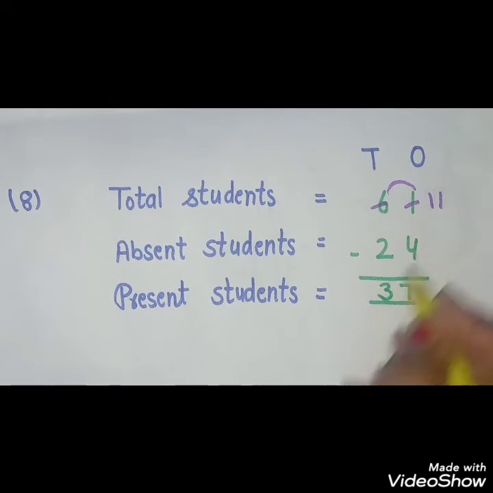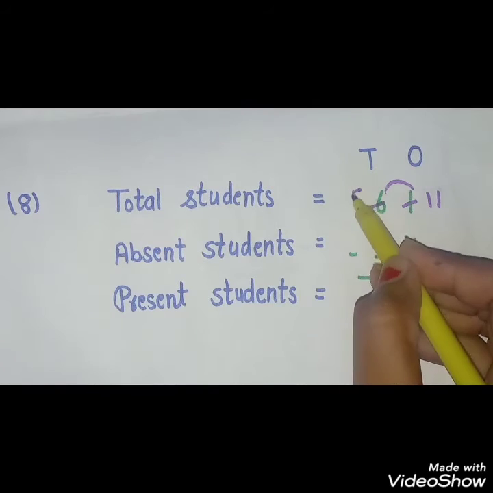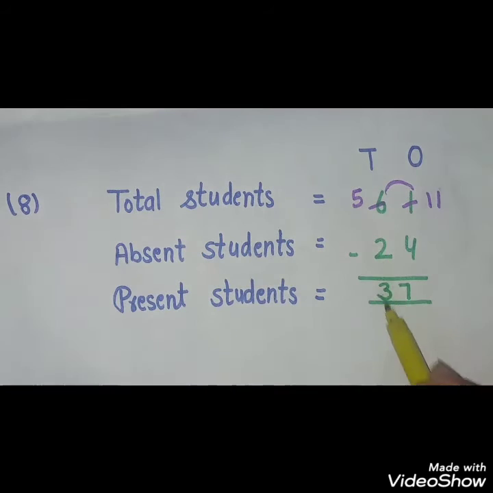It becomes 11. 11 minus 4 is 7. And here remains 5. 5 minus 2 is 3. It becomes 37. So the present students are 37.